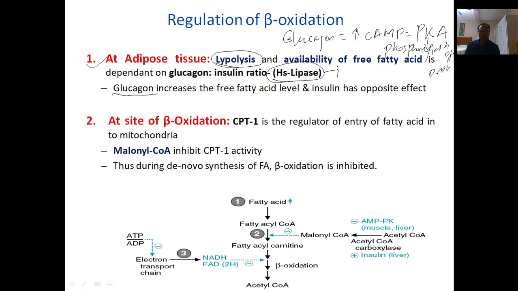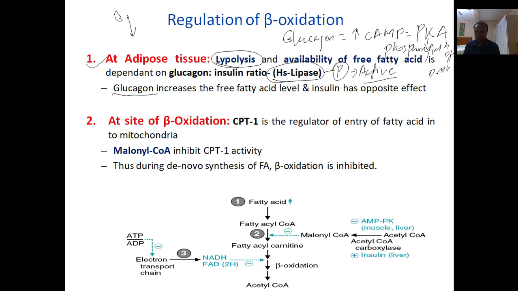This protein is phosphorylated during fasting condition, and this phosphorylated form is the active form, and this phosphorylated hormone sensitive lipase will do lipolysis. What does it do?